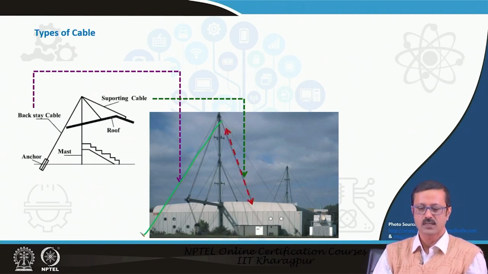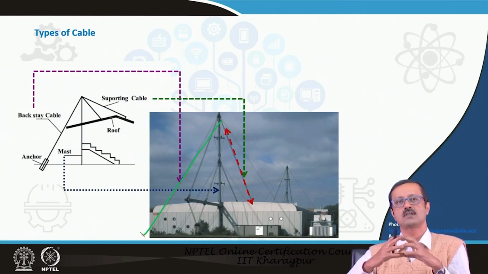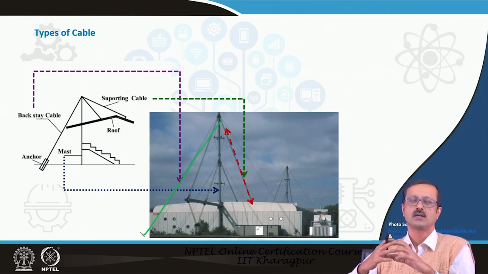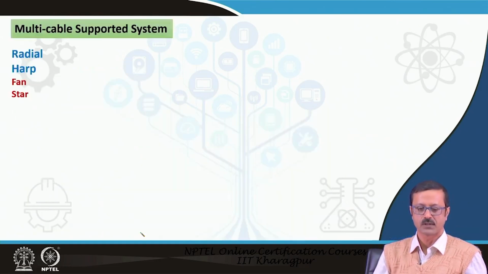There are also some supporting cables, and finally there is the mast, the central pillar, which takes care of the compression, because in a system other than tensegrity, there will be some component which has to take the compression. So the mast takes care of the compression, and there are anchorages at the end of the stay cable.